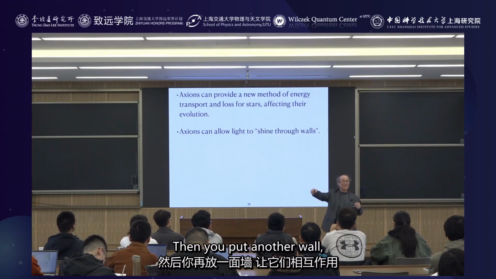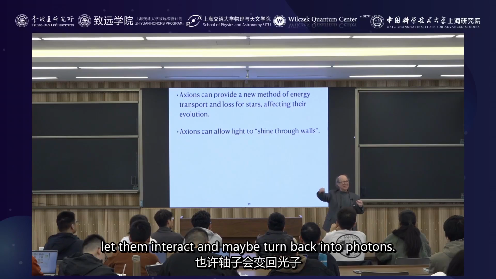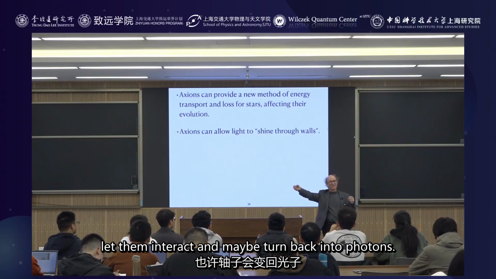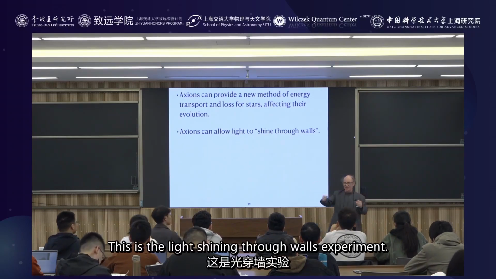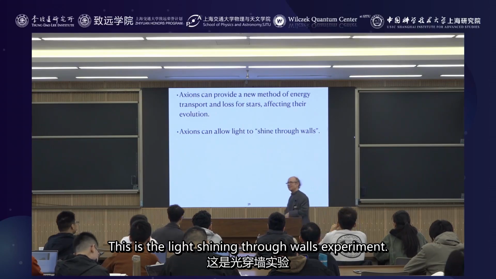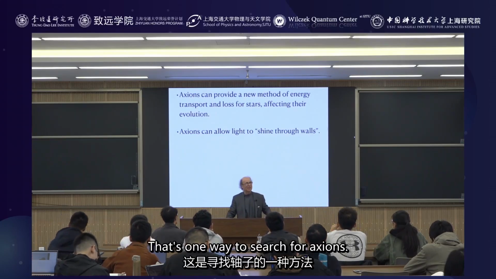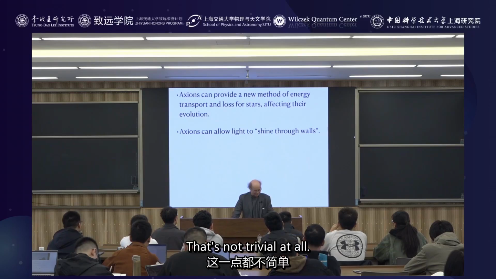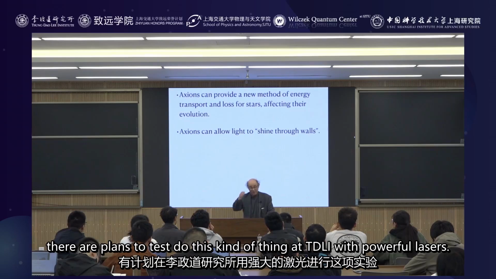Then you put another wall, let them interact, and maybe turn back into photons. So this is the light shining through walls experiment, and that's one way to search for axions. That's not trivial at all. And in fact, there are plans to do this kind of thing at TDLI with powerful lasers.